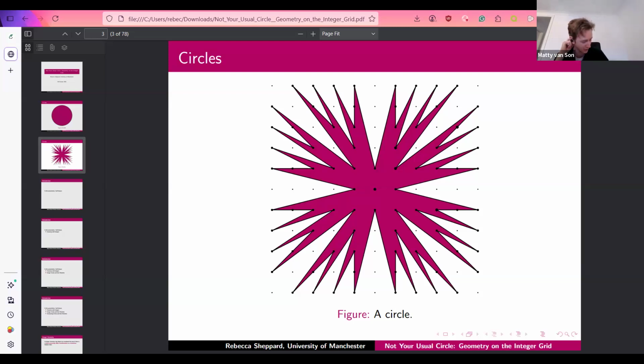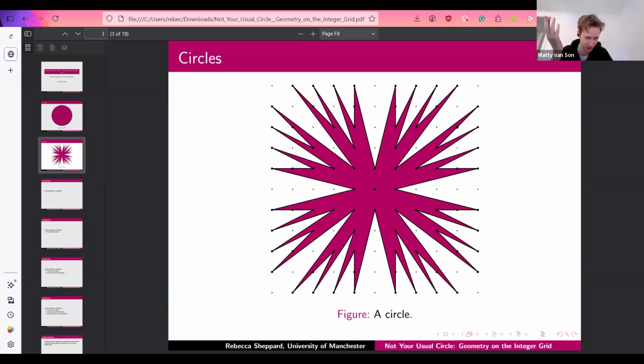Circles can be used to define curvature, and in a discrete sense, there's not an SL2Z integer geometry definition of curvature yet. There are some people, Oleg's one of them, who are interested in defining a differential geometry and a notion of curvature in integer geometry, but the current notions of discrete curvature don't relate to integer geometry in any way.